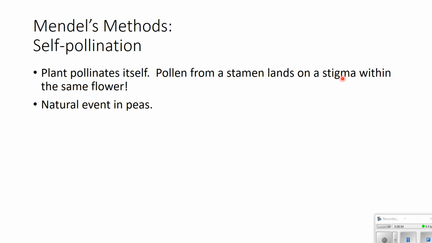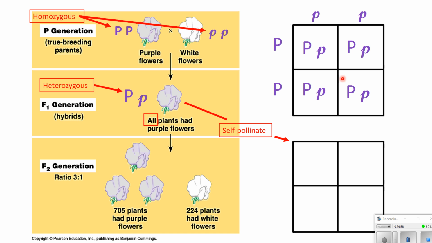And so you simply allow the plant to self-pollinate. So we're crossing a big P, little p with itself. It's pollinating itself. Here's what it looks like on a Punnett square. And we're going to show all of the possible offspring that could be produced for the F2 generation.